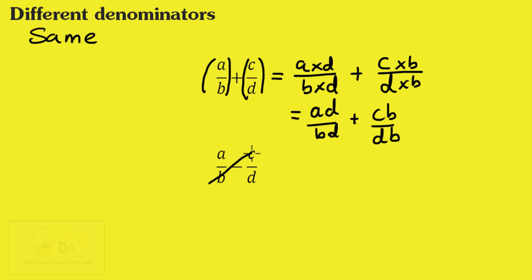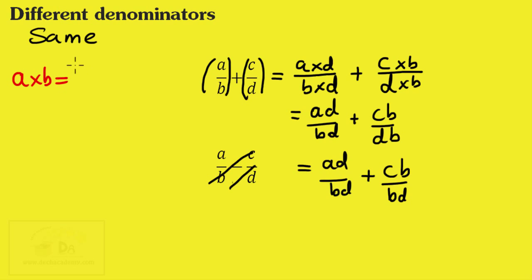So you can ignore this for now, which is equal to AD over BD plus CB over BD, because this DB is the same as BD. So I'll show you again. A times B is equal to B times A. When you're multiplying two or more terms, the order in which the multiplication is carried out does not matter.